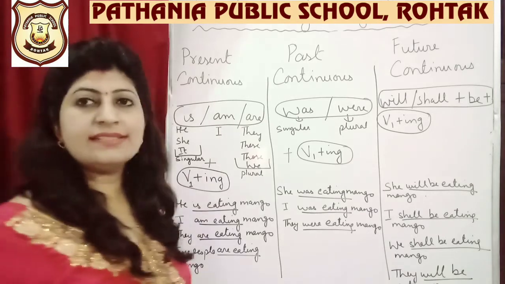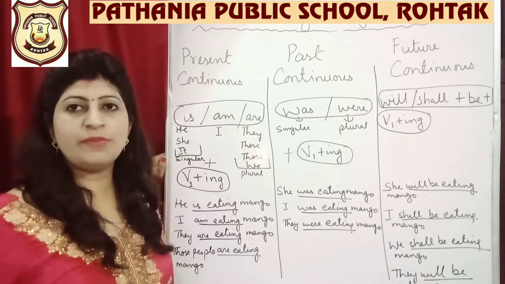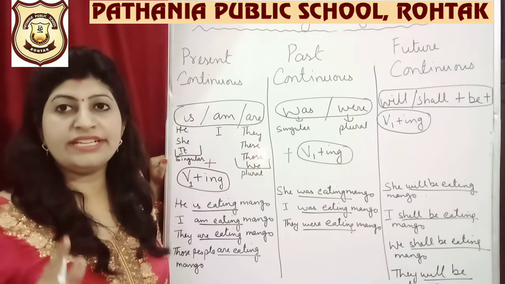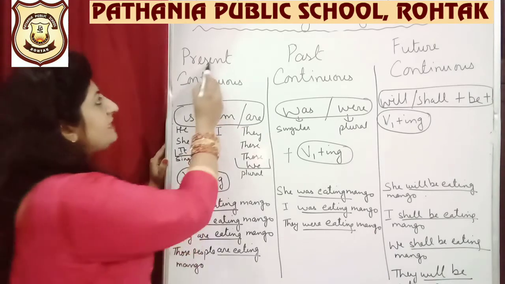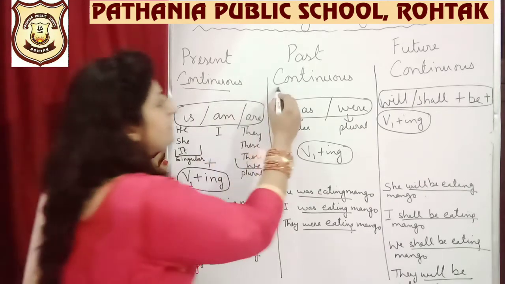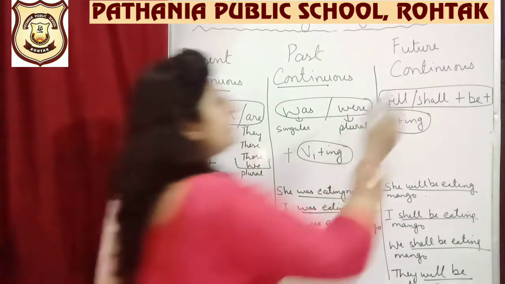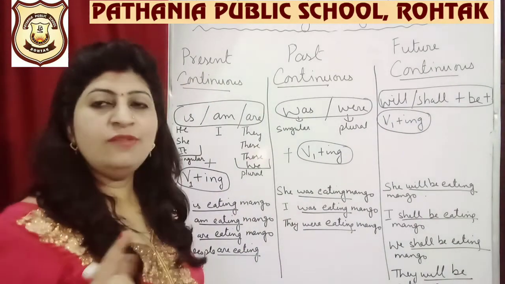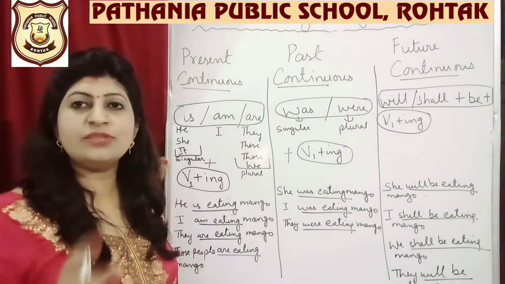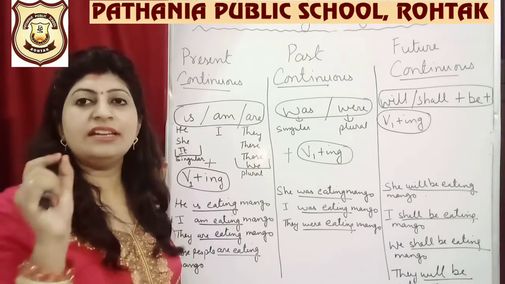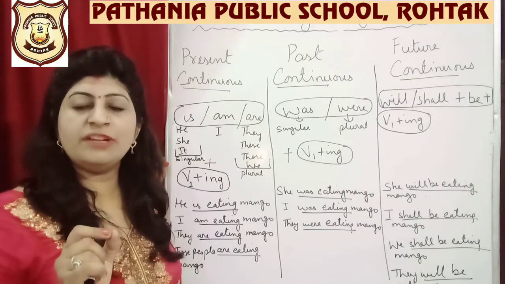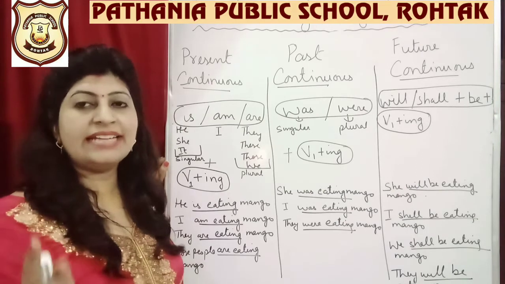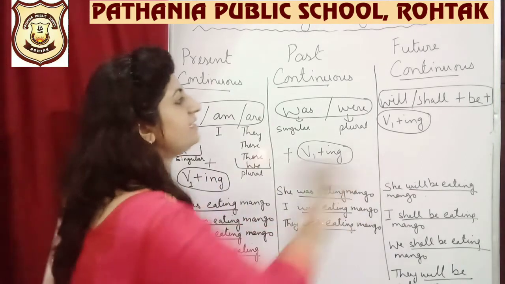Dear students, what you are supposed to remember is wherever you find the word continuous, you can see this present continuous, you can see this past continuous, you can see this future continuous, right? Wherever you find the word continuous, you have to remember one thing: the verb base form will be used plus ing will be there, and that is common in all these rules.